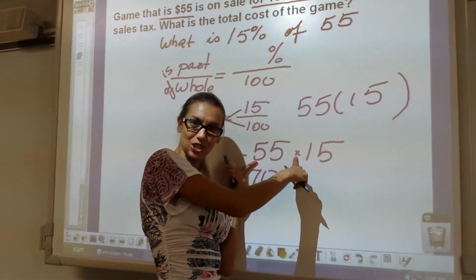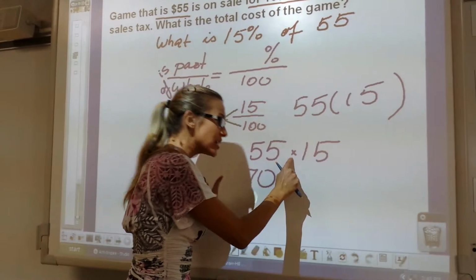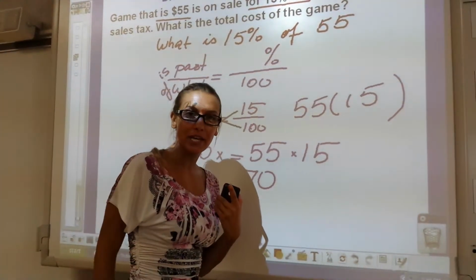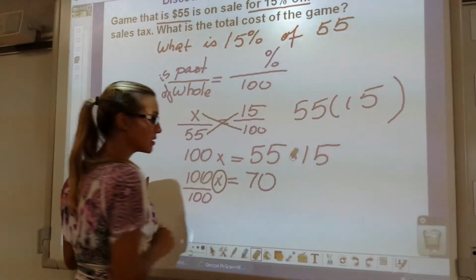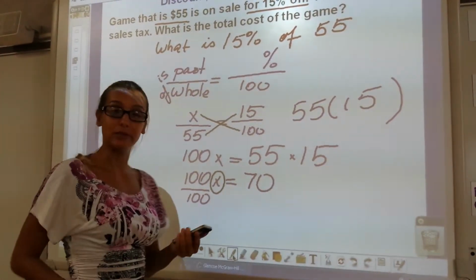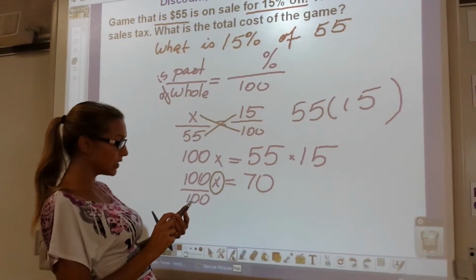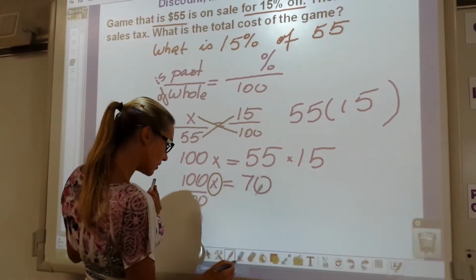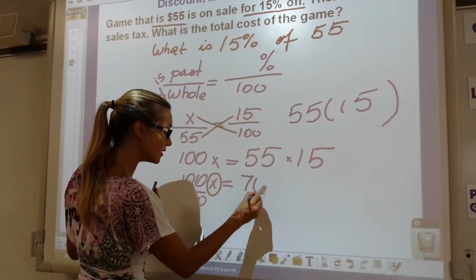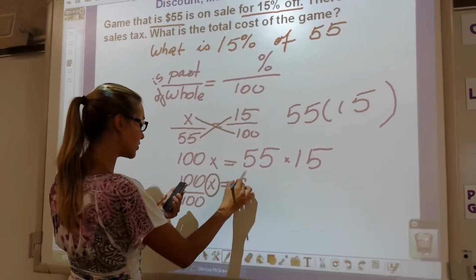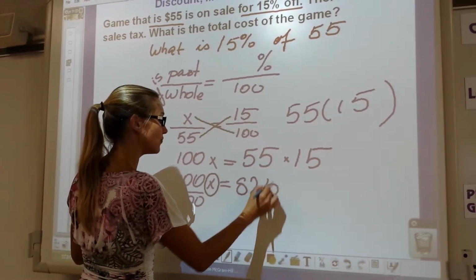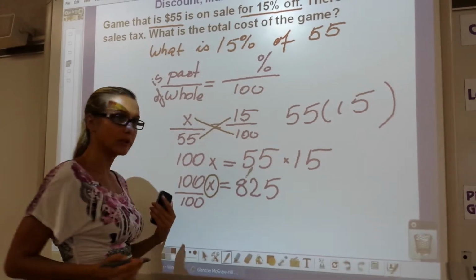What is this little button in here? That little nugget in here is telling me it's a multiplication. Oh, Miss P, shame on you. This means times. So, 55 times 15 equals 825.